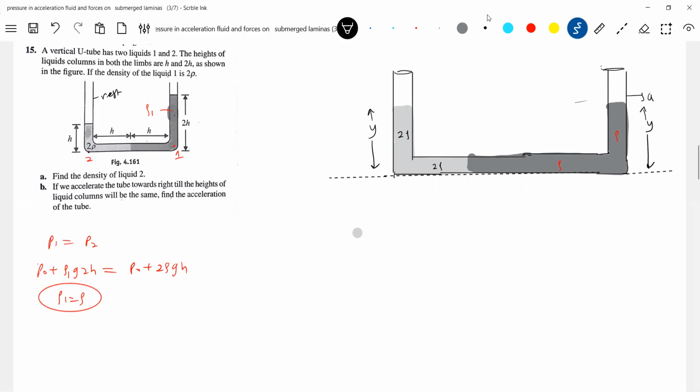Now there's an interface. How to bring that y? Y is also unknown. As it accelerates, this level will fall and this level will increase.